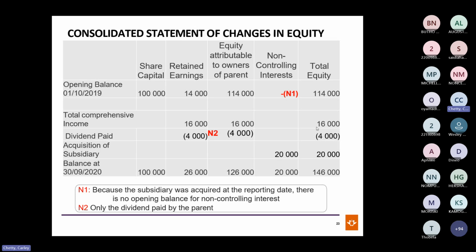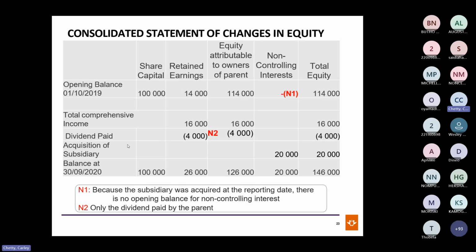There's nothing in NCI, so that will give us total comprehensive income in the total equity column of 16,000. Then we have a dividend paid, which is 4,000 Rand in equity attributable to owners of the parent. There's nothing in the non-controlling interest column, so we'll have total dividend paid of 4,000 Rand in the total equity column.